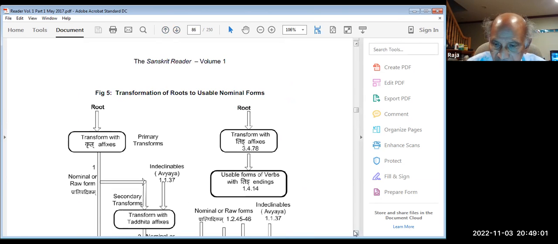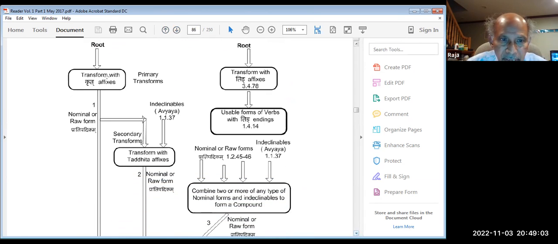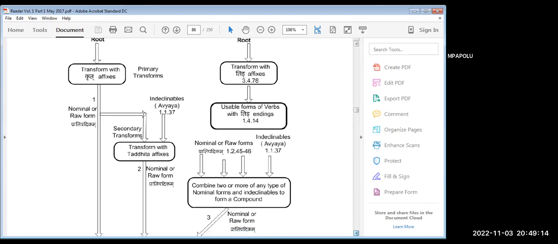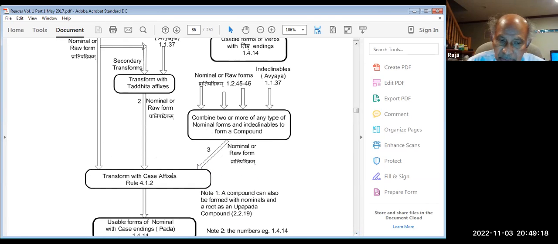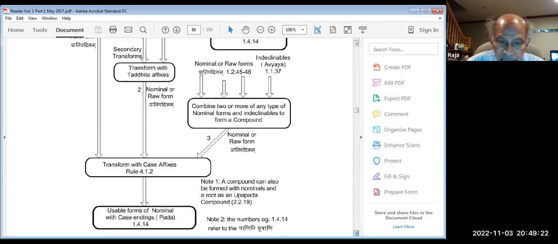This picture is a summary of everything. I take a root, a dhatu, I add a krut pratyaya to it. You get a nominal or raw form, pratipadikam. Then you add to that the suffixes, which are the vibhakti pratyayas. Then you get a usable word.